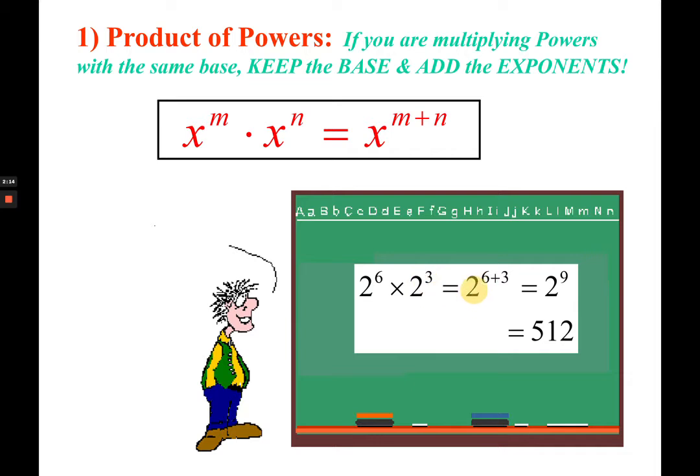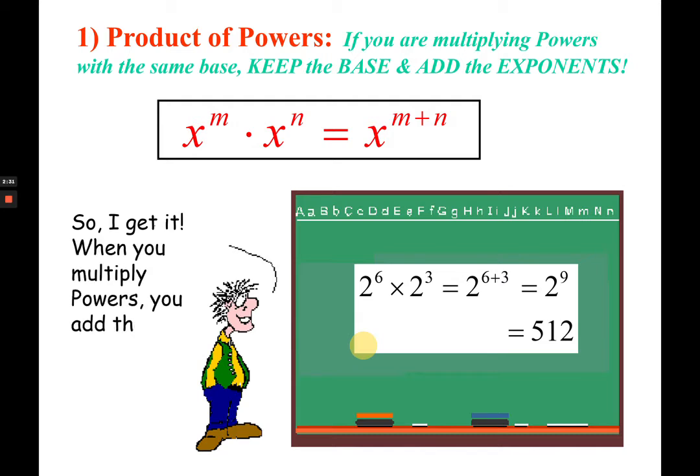You keep 2 and you add the powers 6 and 3, or the exponents 6 and 3. So you have 2 to the power of 9. If you are going to evaluate further, 2 to the power of 9 is 512. That's the way it is. You just keep the base and add the exponents.